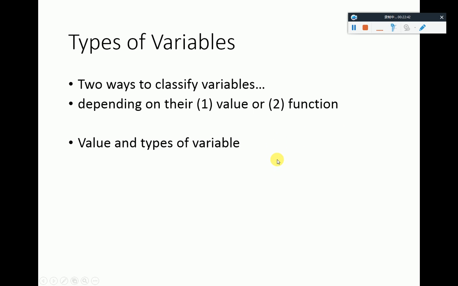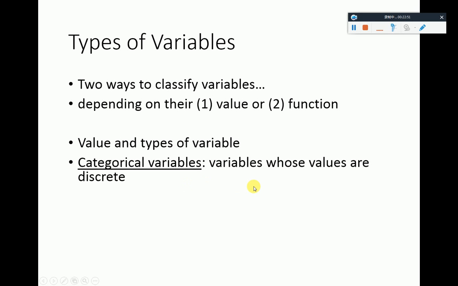So let's first of all talk about how we can classify variables based on the values they take. First of all, we have categorical variables. Categorical variables simply refer to variables that can only take discrete values.